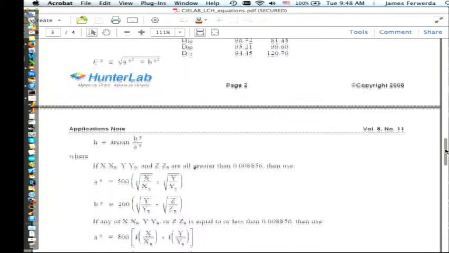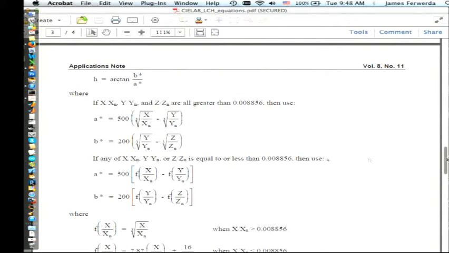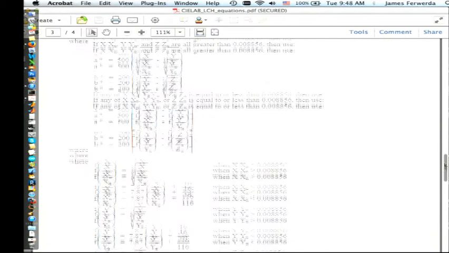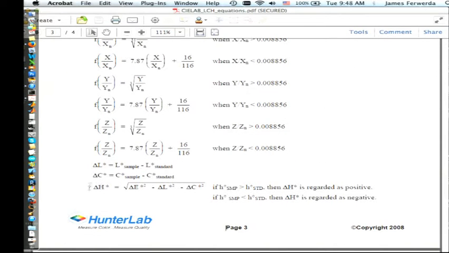Right. Okay. And so then the other bit where I had to actually read the fine print was this intermediate calculation you have to do where you get small h, right, here, which is the arctan of b star over a star. And then to calculate the big H, the difference in hue angle, you use this equation here, okay?